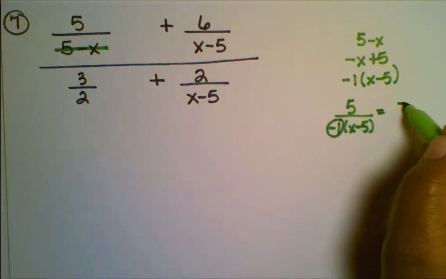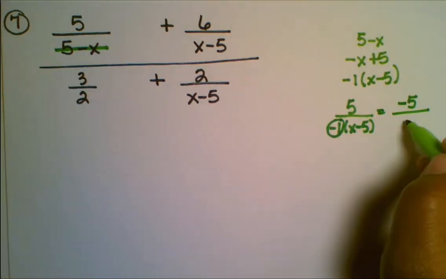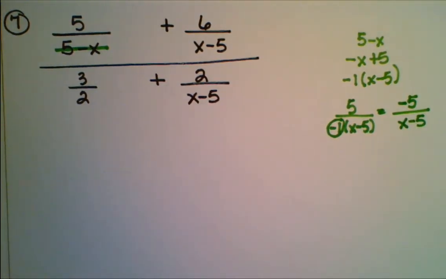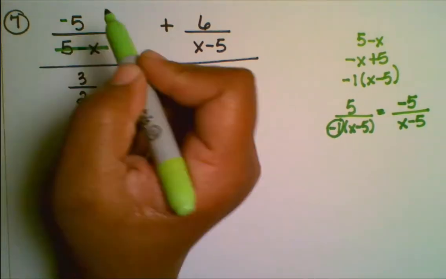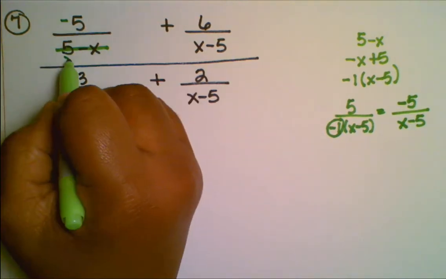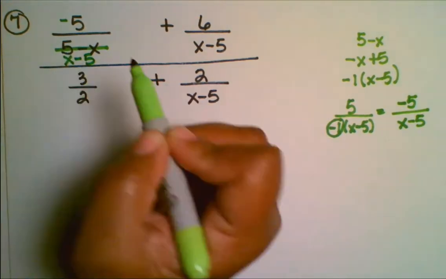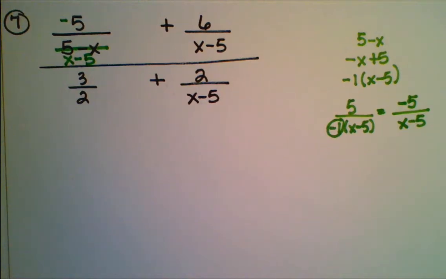We're going to move it to the numerator. We can rewrite it as such because I want you to see what that first term is going to be represented as. So I'm going to make the 5 negative, and we can rewrite this denominator, which is x minus 5.